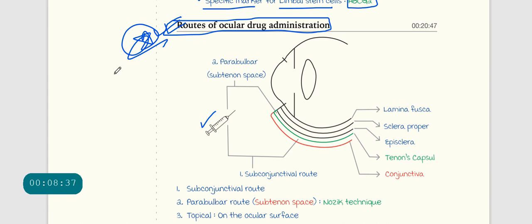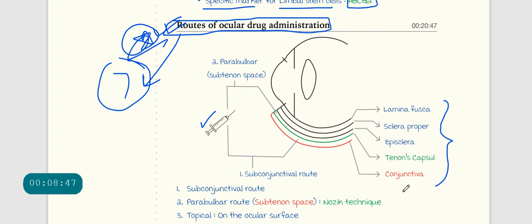What are all those? So basically we have to know about the layers first. The outermost is conjunctiva, then comes the Tenon capsule, and the 3 which we studied, these lamina fusca, sclera proper and episclera, these 3.